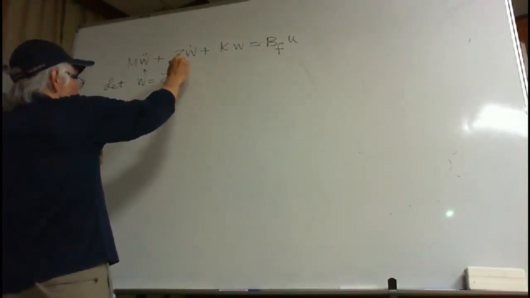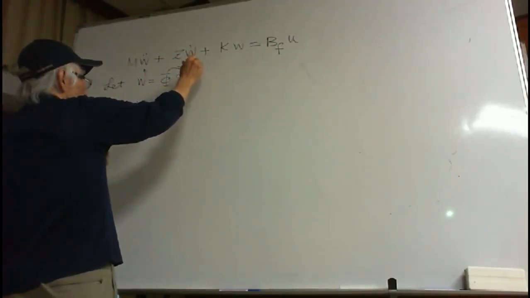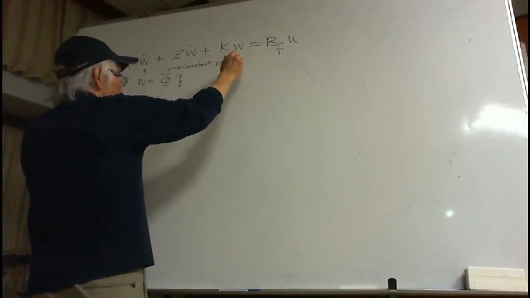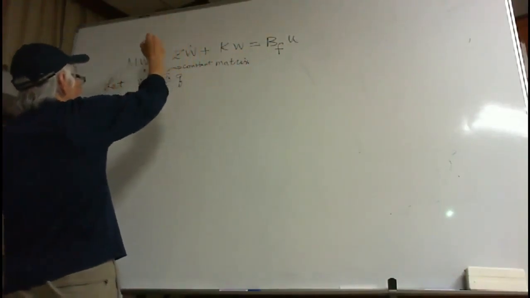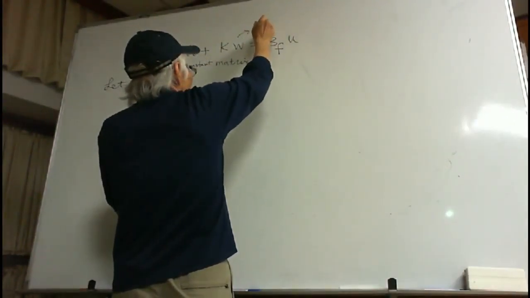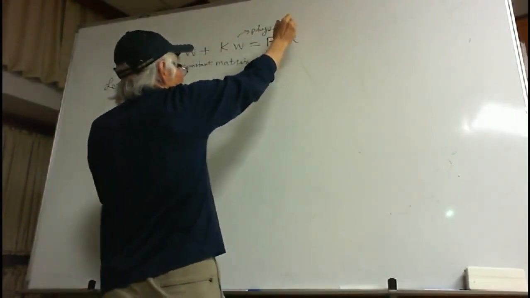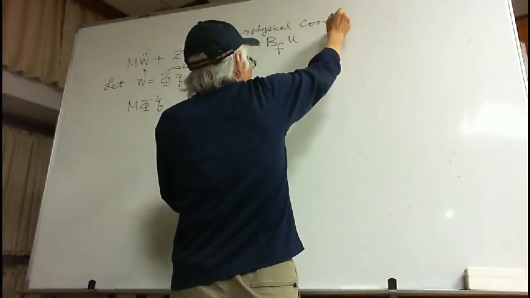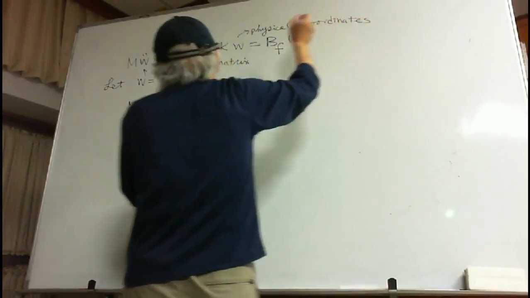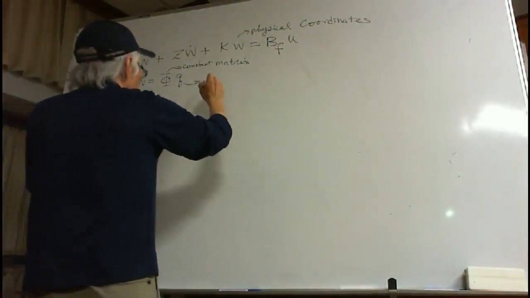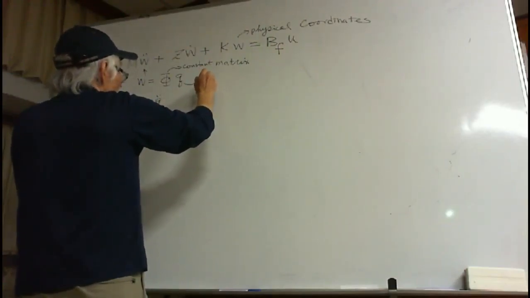This is a constant matrix, right? And this w is my physical coordinate. Okay, this q is, let me see, just call it the new coordinate.